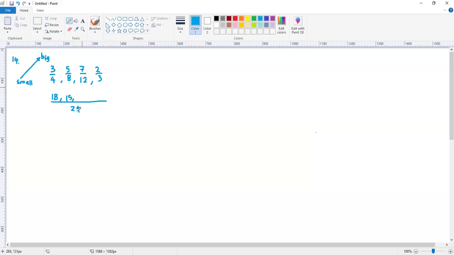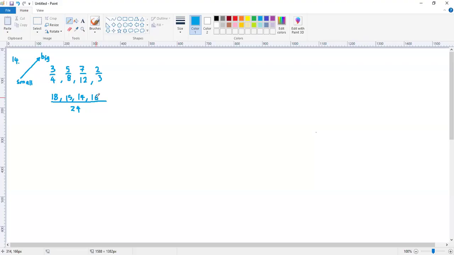The next one is 12. 12 in 24 will give us how many times? 2. 2 times 7 will give us 14. And finally, 3 in 24 would be 8 times. And then 8 times 2 will be 16.